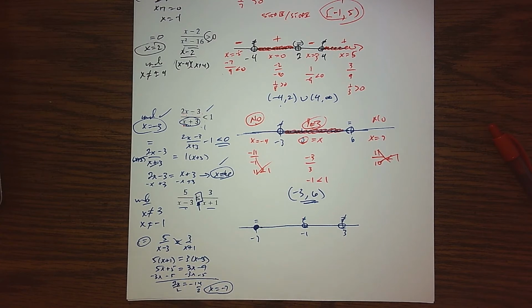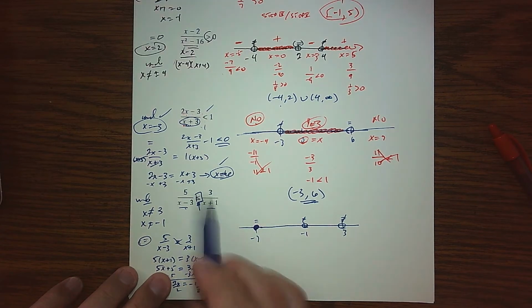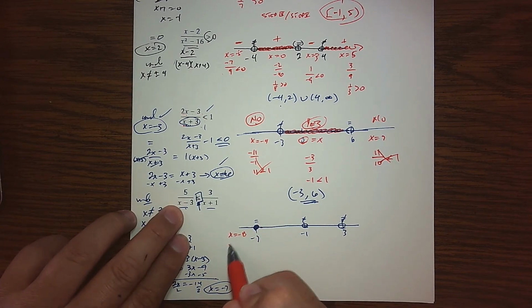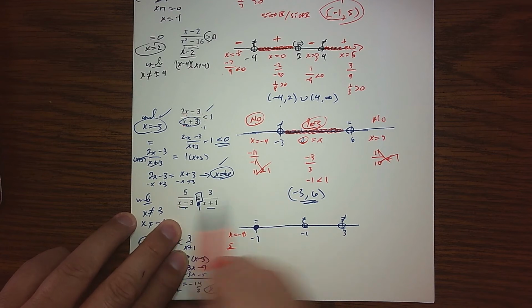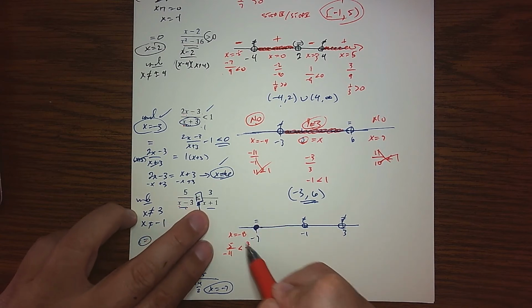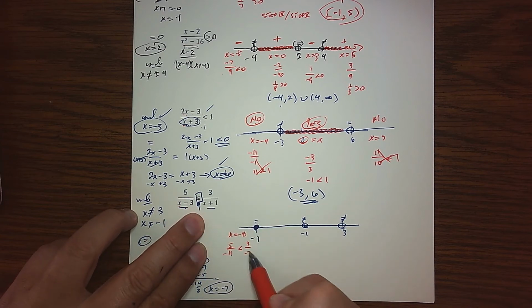Equality is allowed. So we basically have to test 3 intervals in this inequality to compare. So x equals -8. When I plug that in here, I get 5 over -8 minus 3, which is -11. And we want to know, is that less than 3 over, and -8 gives us -7.